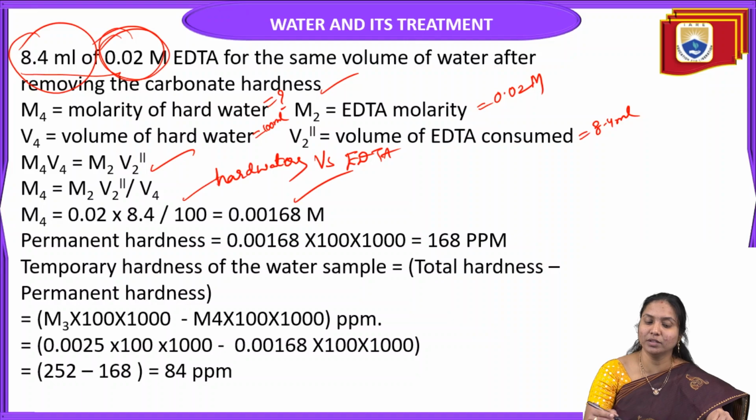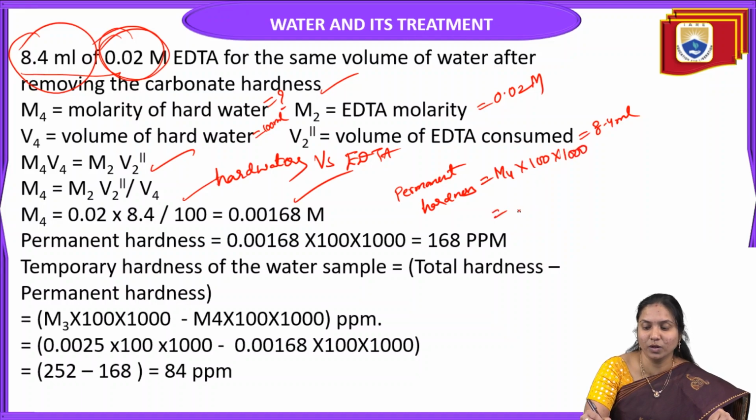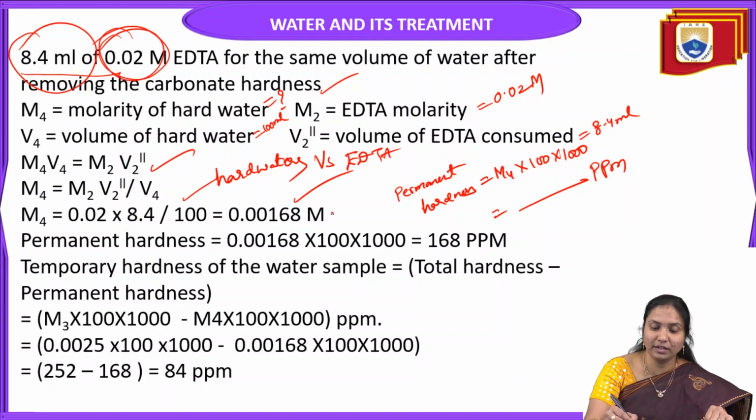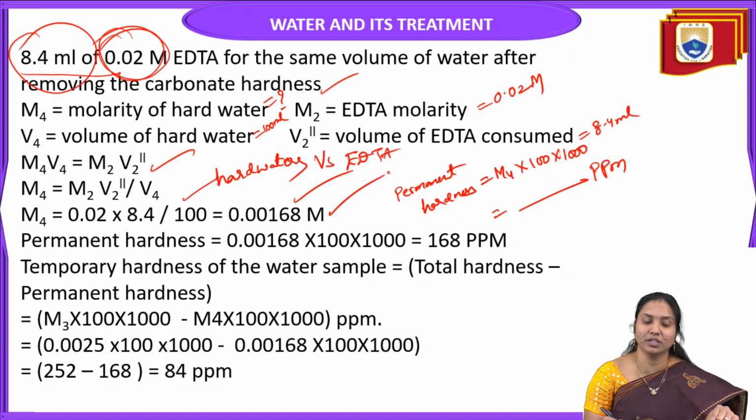So now I can calculate the permanent hardness of water. So what is the formula? Permanent hardness equal M4 into 100 into 1000, it's equal dash ppm. So this is the formula used for the determination of permanent hardness. So here M4, molarity of given water, we calculated as 0.00168.